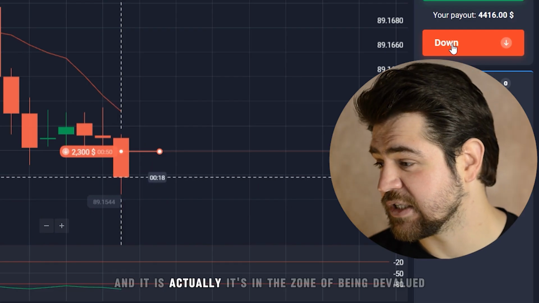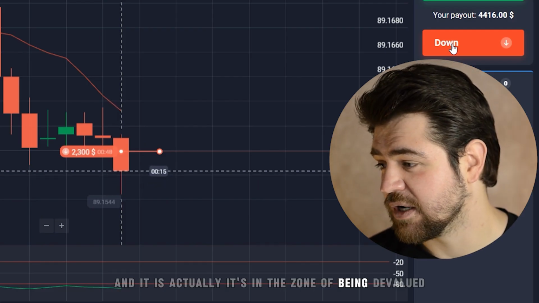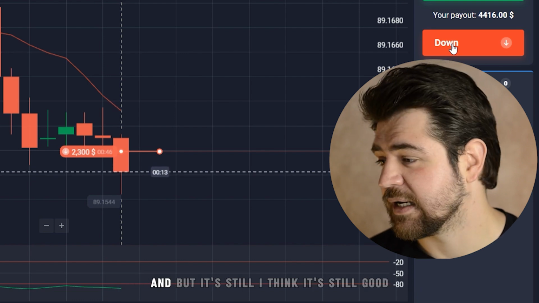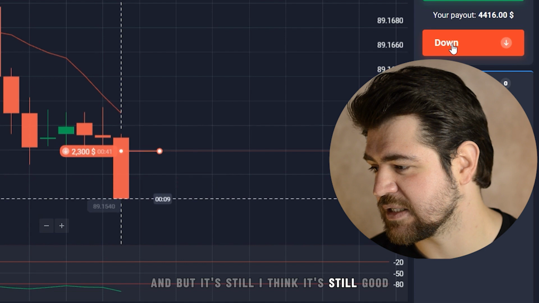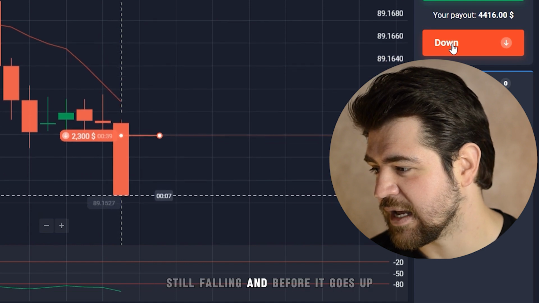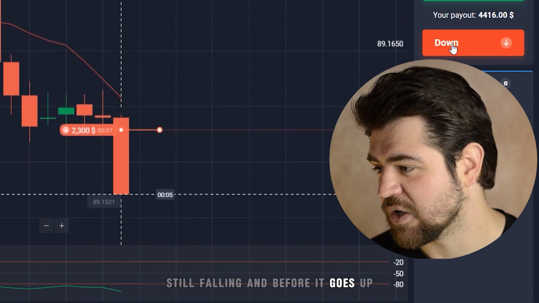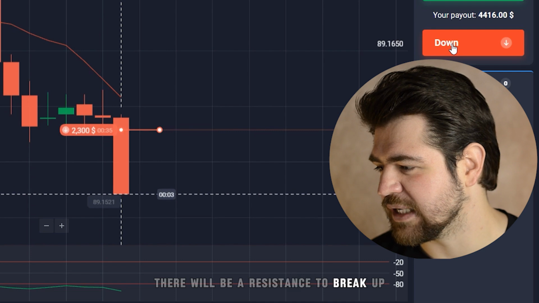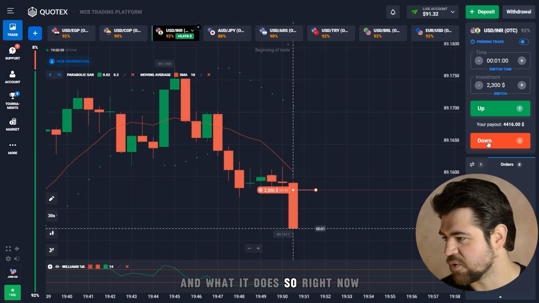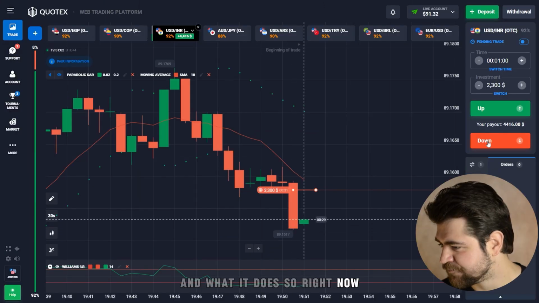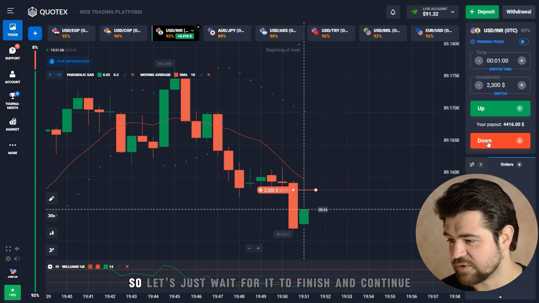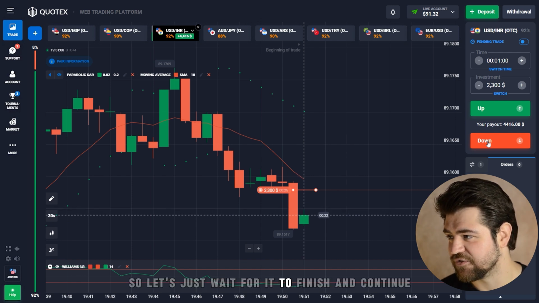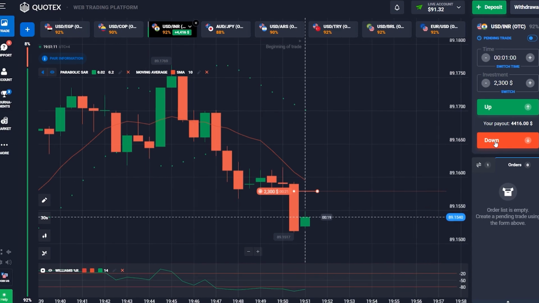It's in the zone of being devalued, but I think it's still falling, and before it goes up there will be a resistance to break. Right now everything looks good, so let's just wait for it to finish and continue.